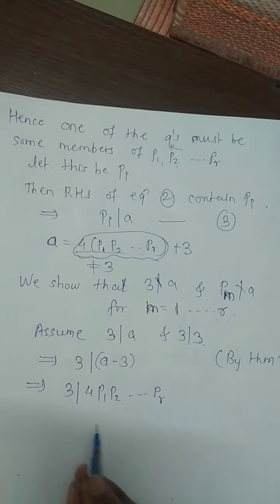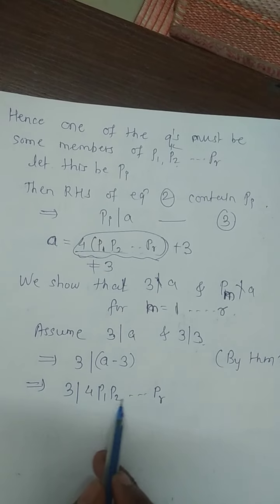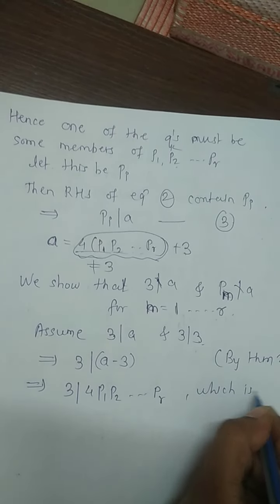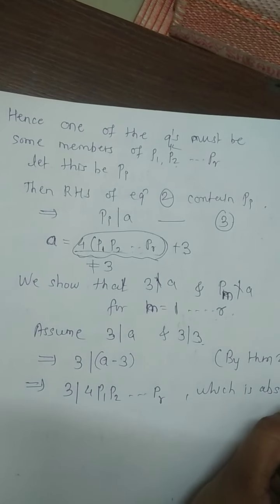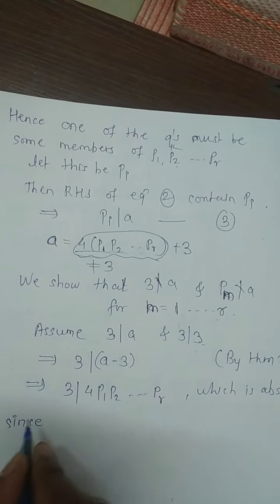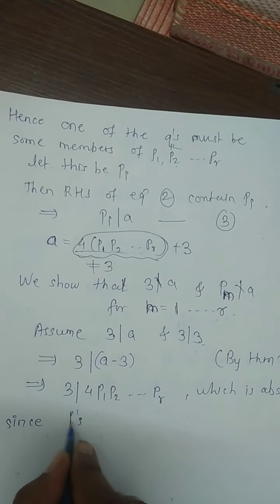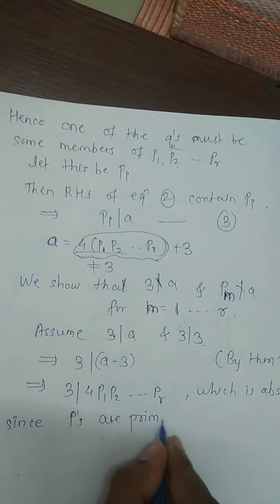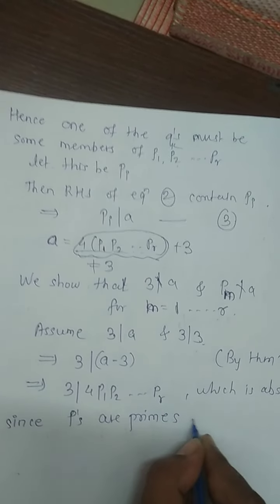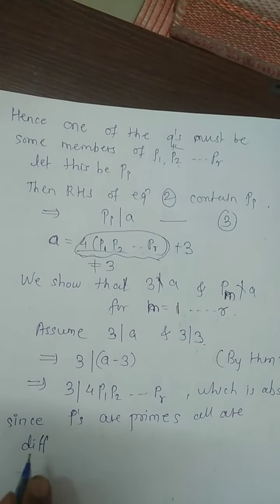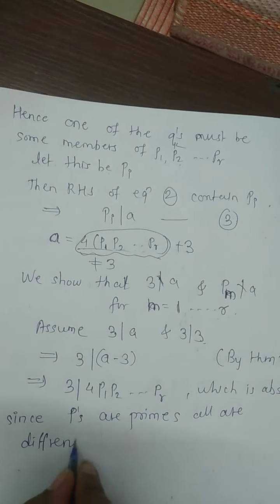Yes, so 3 divides 4 into p1 p2 pr, which is absurd, means we cannot write like this, since the pi's are primes, all different from 3.